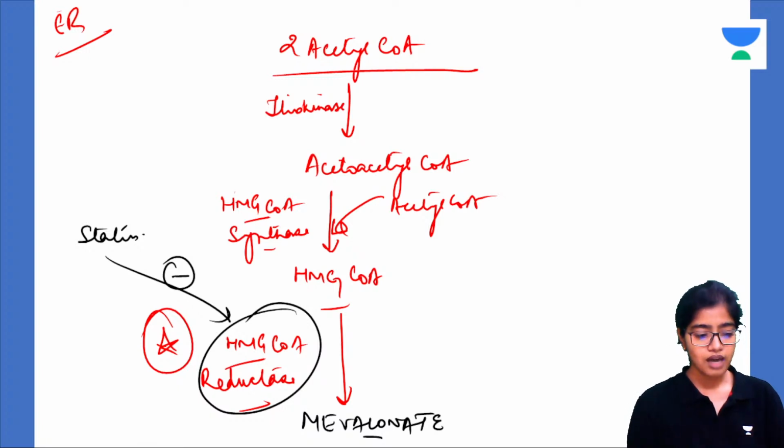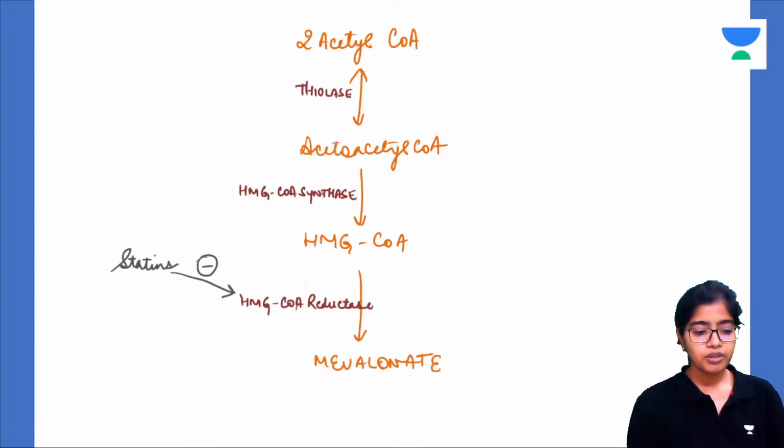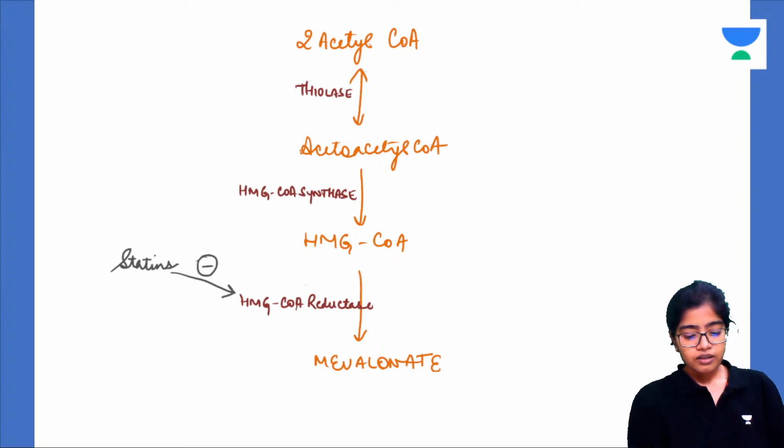So let us start. What is the first step? The first step of synthesis of cholesterol was synthesis of mevalonate from acetyl CoA. And where is it occurring? It is occurring in the membranes of the endoplasmic reticulum.